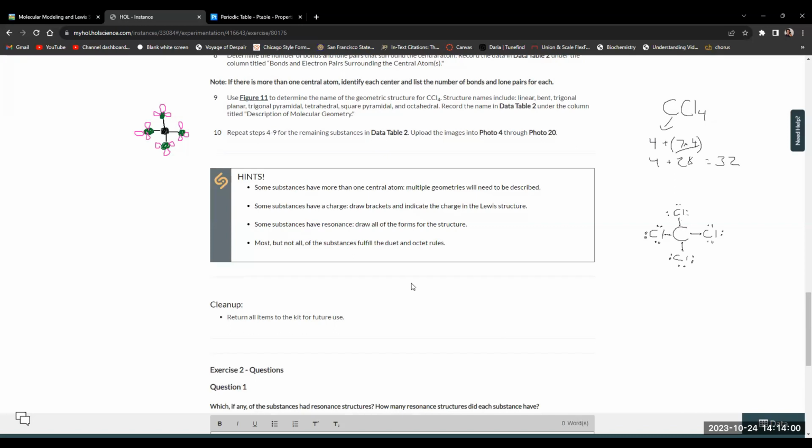And here are some hints. Some substances have more than one central atom. Well, okay, I gotta slow down. Some substances have more than one central atom. Multiple geometries will need to be described.